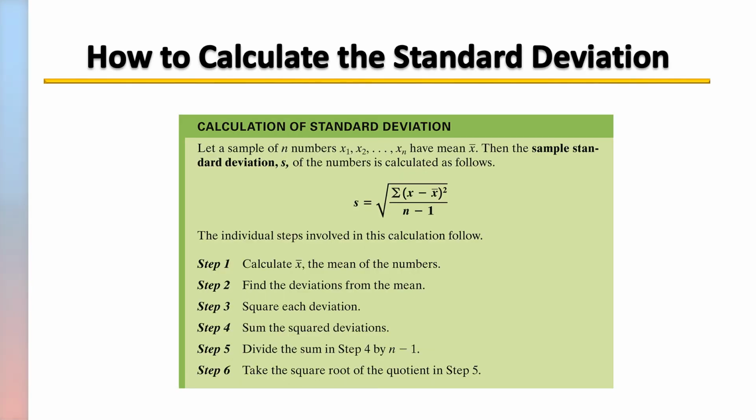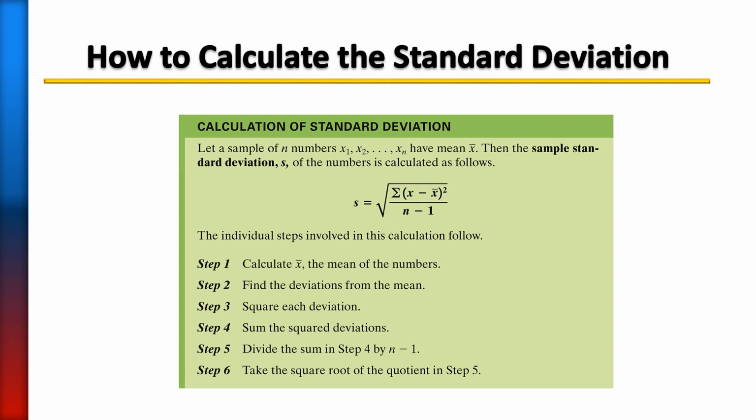How to calculate the standard deviation? Let a sample of n numbers, such as x sub 1, x sub 2, on to x sub n, have mean x bar. Then the sample standard deviation S of the numbers is calculated as follows.